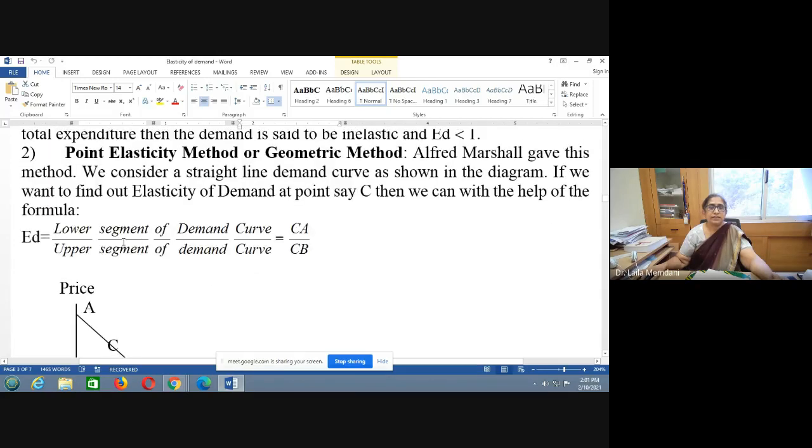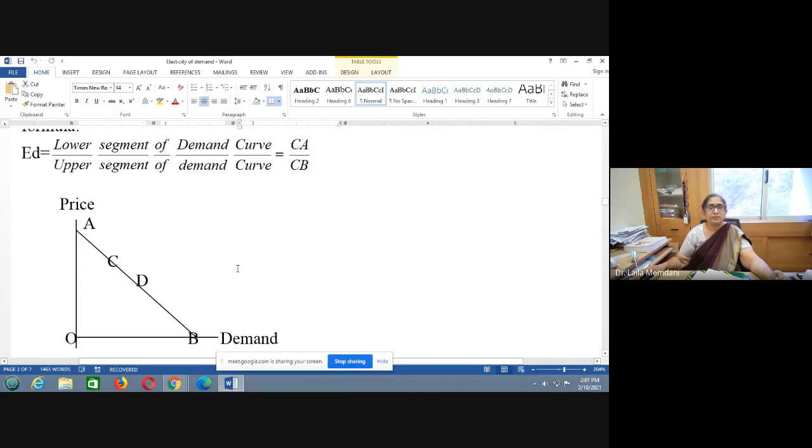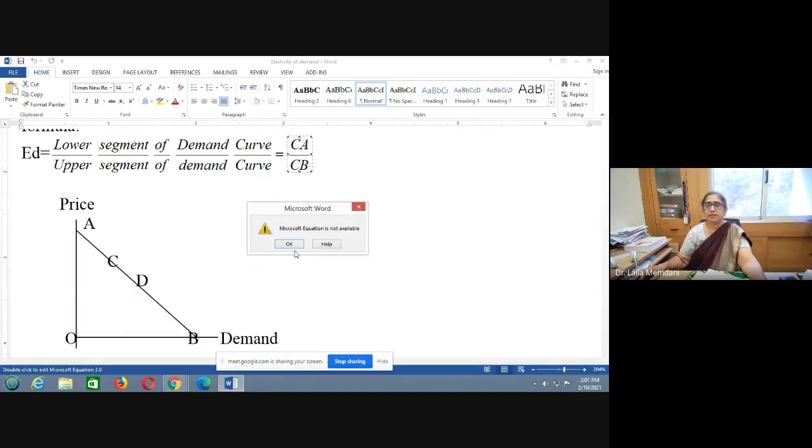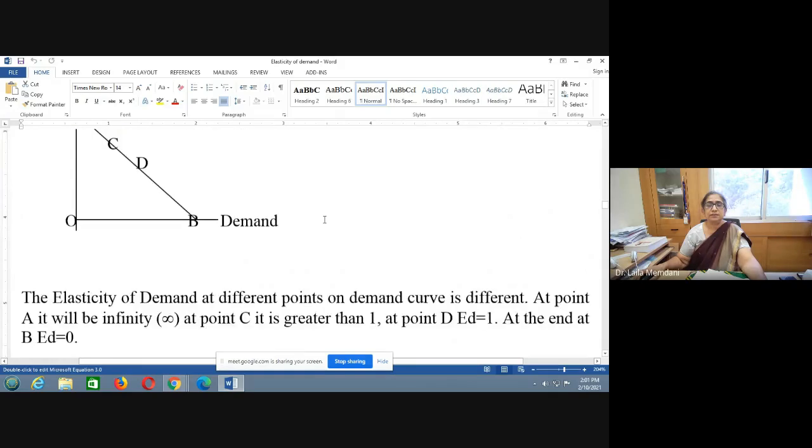The formula is the lower segment of the demand curve upon the upper segment of the demand curve. So we can write it as dA upon dB. It is dA upon dB because C is the center point. I'm sorry, it's C, a typo over there.